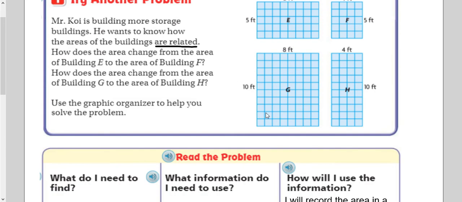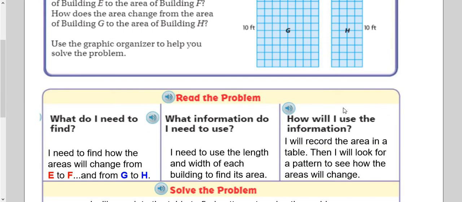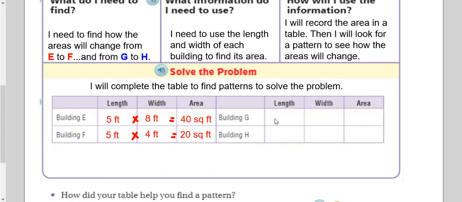Right here, we have a 10 by 8 and a 10 by 4. So the 10s are the same, and we go from an 8 to a 4. So right here, let's go 10 foot. And then this was 8 foot.